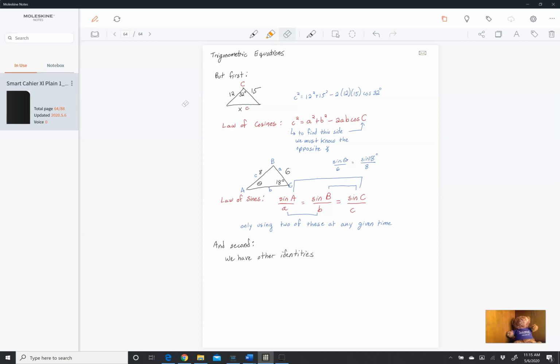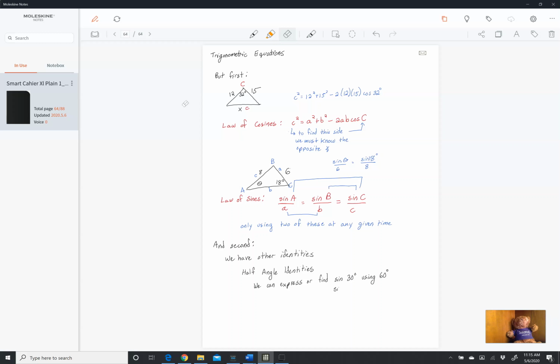So the other identities that we have are like half angle identities. What does this mean? It means we can express or find the sine of 30 degrees using 60 degrees.